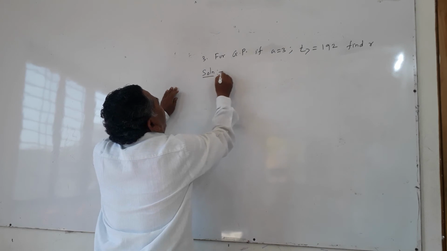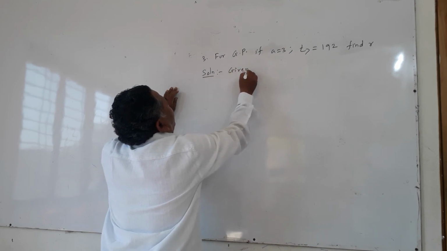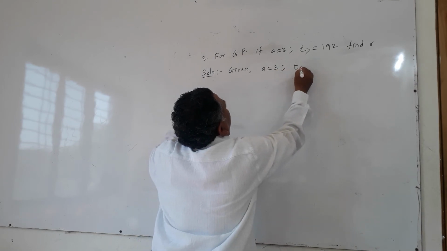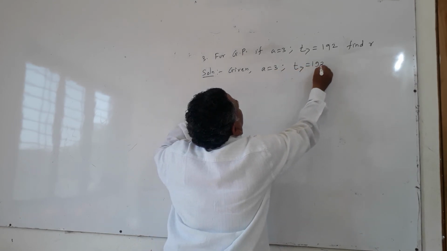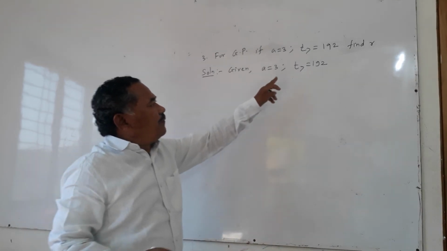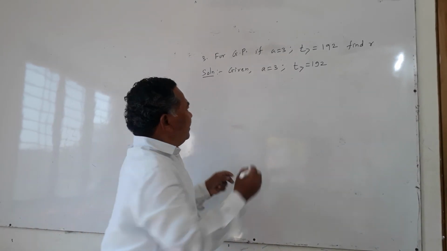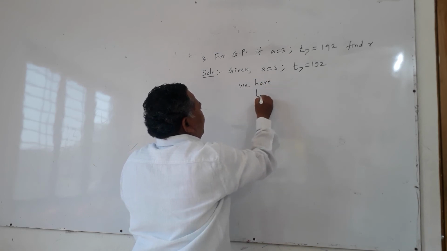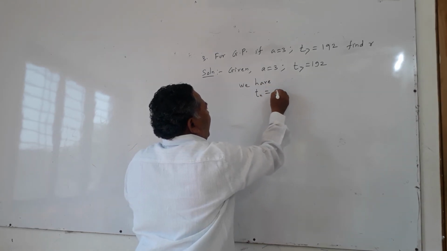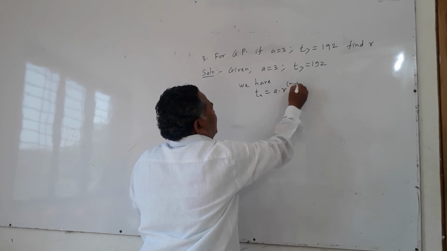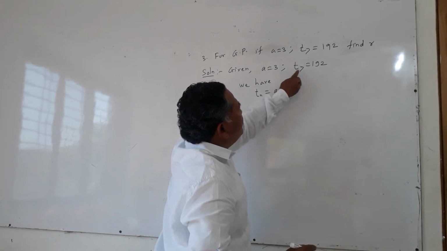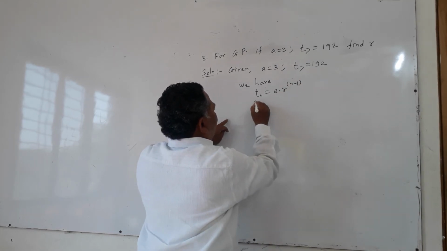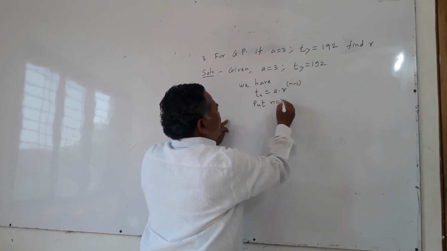Solution. First we write the given part. Given: a, the first term, is 3, and t7 equal to 192. We know the formula for tn, so we write tn equal to a into r raised to n minus 1. We have t sub 7 given, so we put n equal to 7 on both sides.